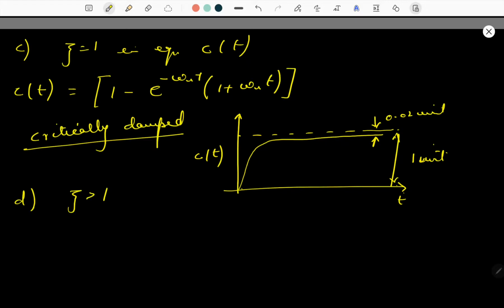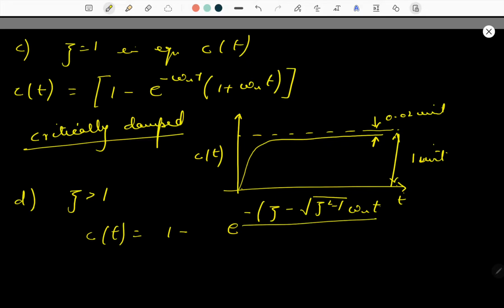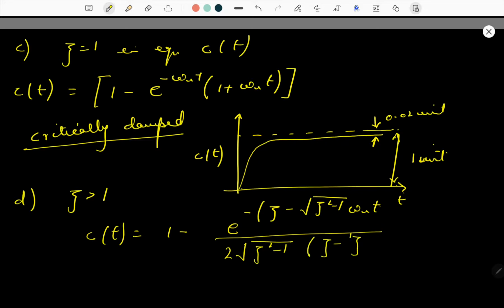Okay, in this condition also, when we put the value of zeta greater than 1, the output response should come out, so after putting zeta greater than 1 in equation 6.23 and taking the partial derivative, we will get the final expression as C(t) is equal to 1 minus e to the power minus (zeta minus under root of zeta square minus 1) omega n t, divided by 2 under root of zeta square minus 1 times (zeta minus under root of zeta square minus 1).